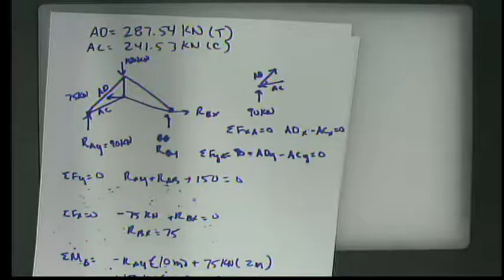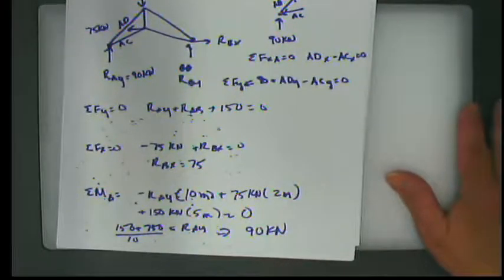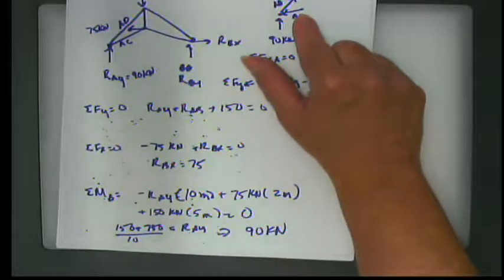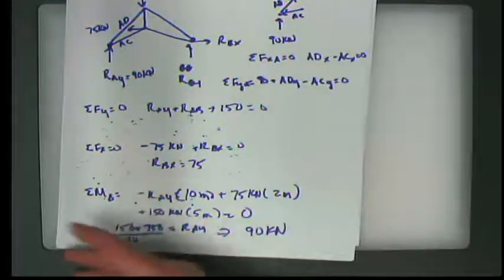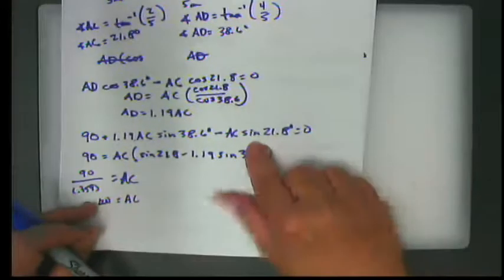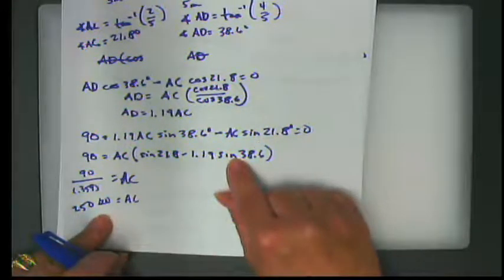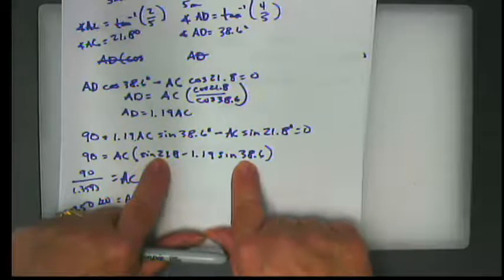Oh, you did? Was it negative? It was a negative 0.37. See, that's weird to me. There's something wrong with that, because what that means is that I've chosen the direction. Okay, so if it comes out to be a negative, I looked at that and I thought, the sine of 38.6 is going to be greater than the sine of 21.8, right?